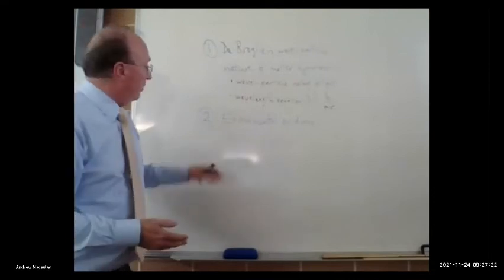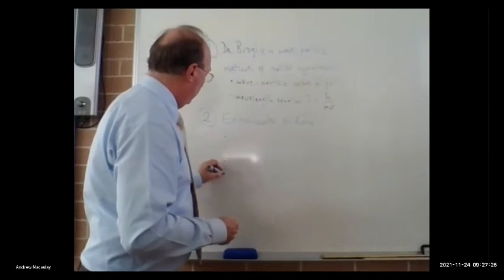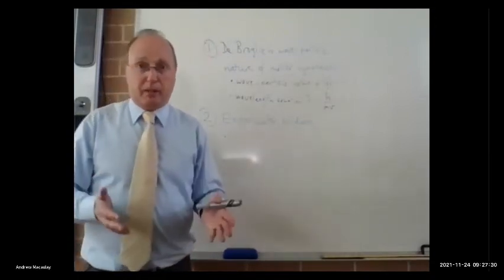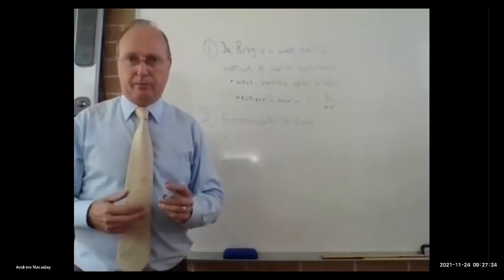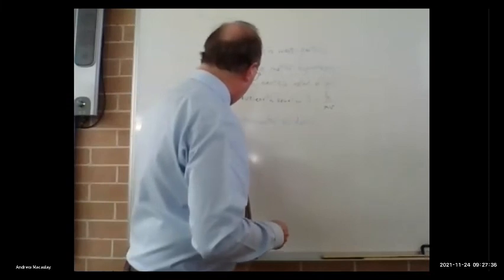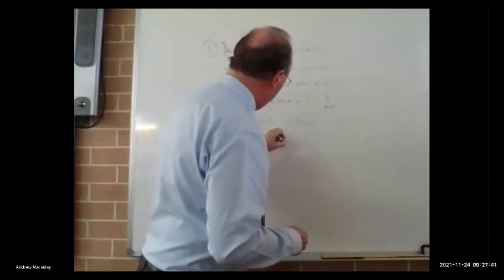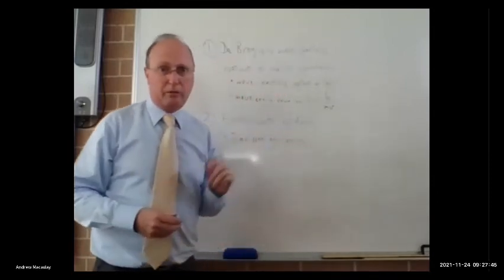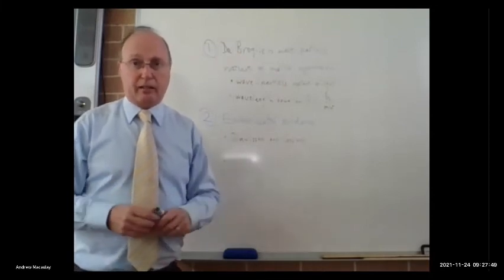For the experimental evidence, we're going to have some dot points here as well. Firstly, we're going to start with the experiment that Davisson and Germer did. If you're not familiar with those names, you need to go and have a look at your text and find out a little bit about the experiments.